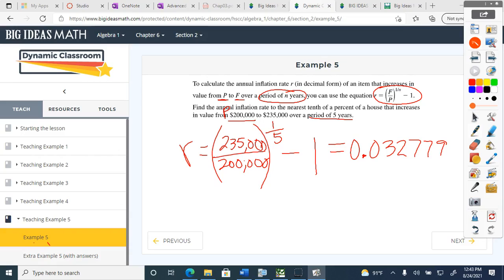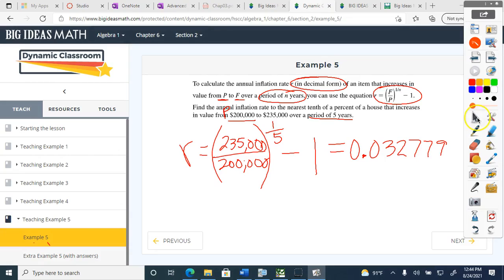Okay, and sometimes they want the rate in a percent, but in this case, R is in what? Decimal form. The inflation rate, R, okay? Sometimes they might want it as a percentage, but in this case, they wanted it as a decimal, okay? So let's see how we did.